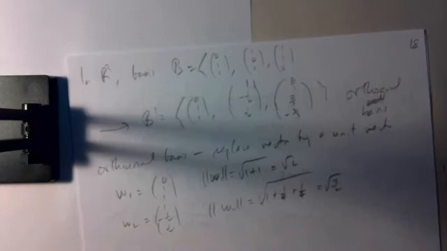And the length of W3 is, with 2/3, 2/3, minus 2/3, the square root of, each of these squared is 4/9. 4/9 plus 4/9 plus 4/9. That's 3 times 4/9. So we get 2/3 times the square root of 3.